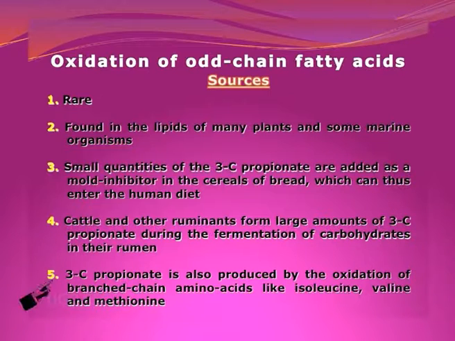Also, the 3-carbon propionate is generated out of the metabolism of branched chain amino acids like isoleucine, valine and methionine.